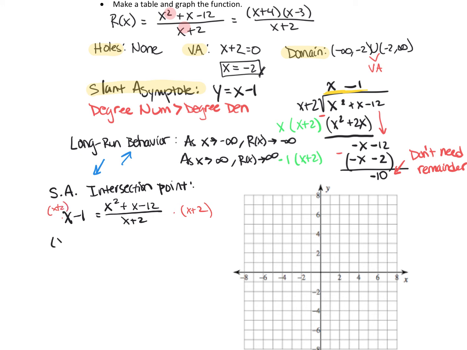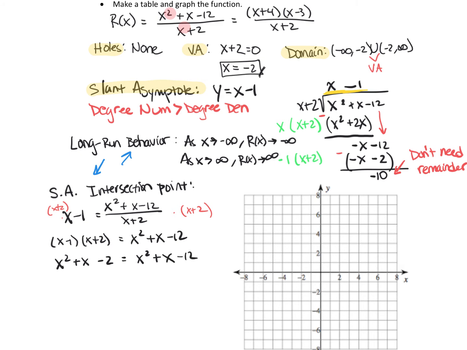So that's going to give me x minus 1 times x plus 2 is equal to x squared plus x minus 12. After I use my FOIL method for these two factors right here, or box method, we're going to get x squared plus x minus 2 is equal to x squared plus x minus 12.